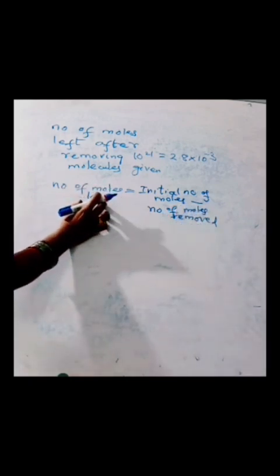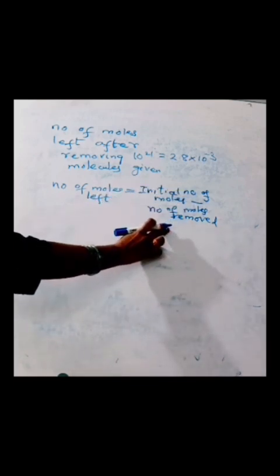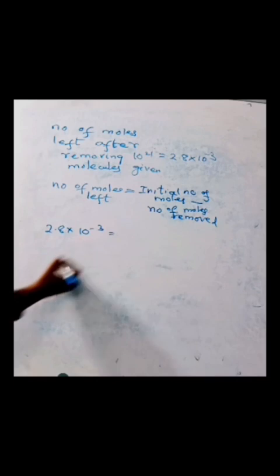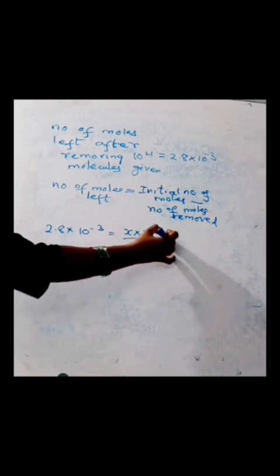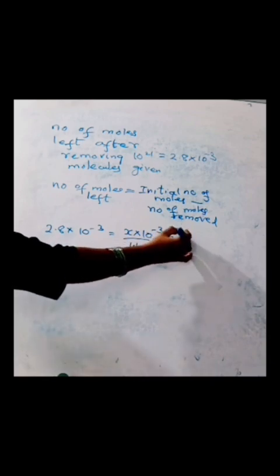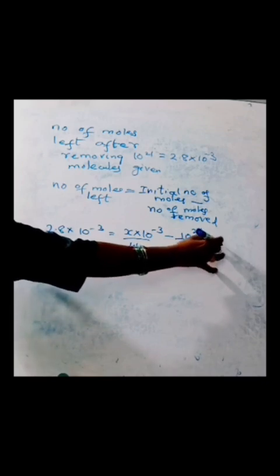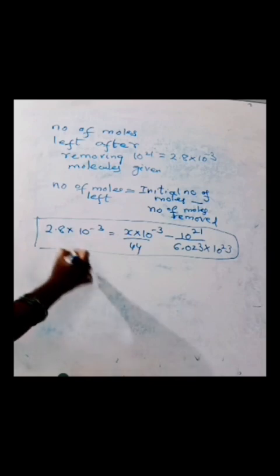So 2.8 into 10 power minus 3 is equal to X into 10 power minus 3 by 44, already calculated, minus number of moles removed, also calculated, that is 10 power 21 by 6.023 into 10 power 23. By solving this equation we get X.